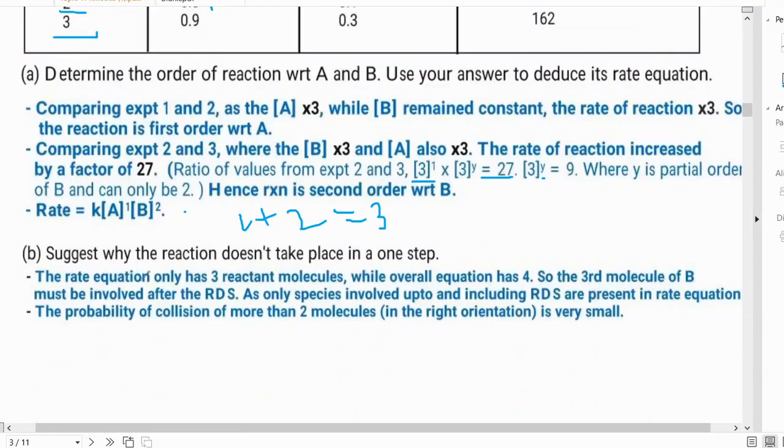So the third molecule of B must be involved after the RDS, as only species involved up to and including the RDS are present in the rate equation. This is one marking point. Another marking point is that the probability of collision of more than 2 molecules in the right orientation is very small. That is why reactions do not tend to take place in a single step. They take place in multiple steps.